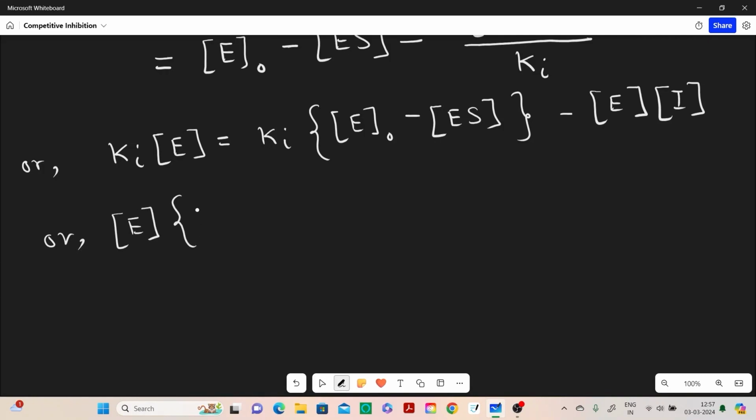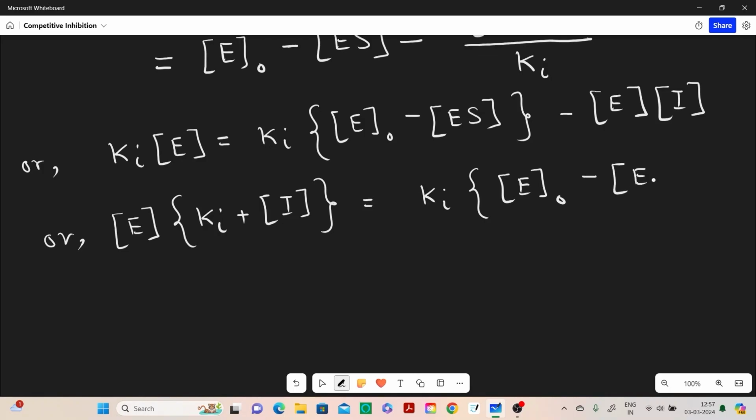Okay, now we can take this part to this side and take E as common and write it down as Ki plus the concentration of the inhibitor, times E, is equal to Ki into E naught minus ES.